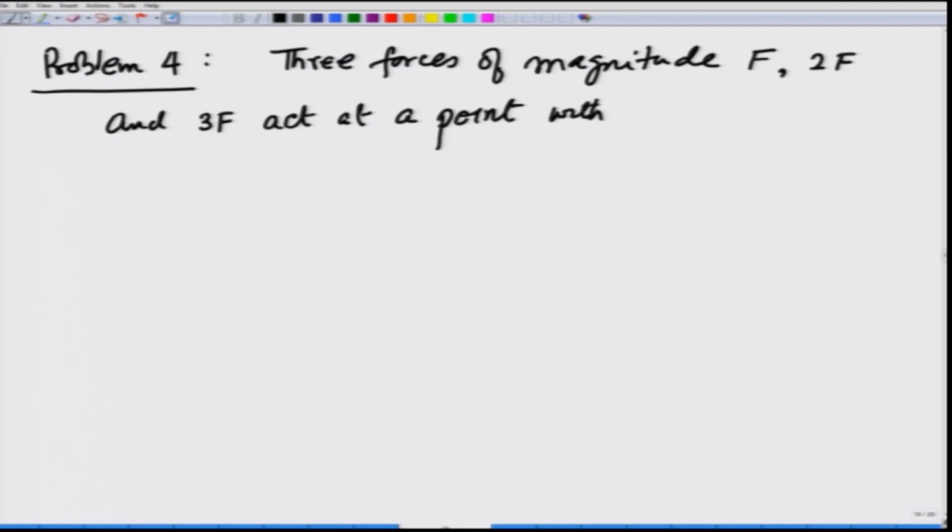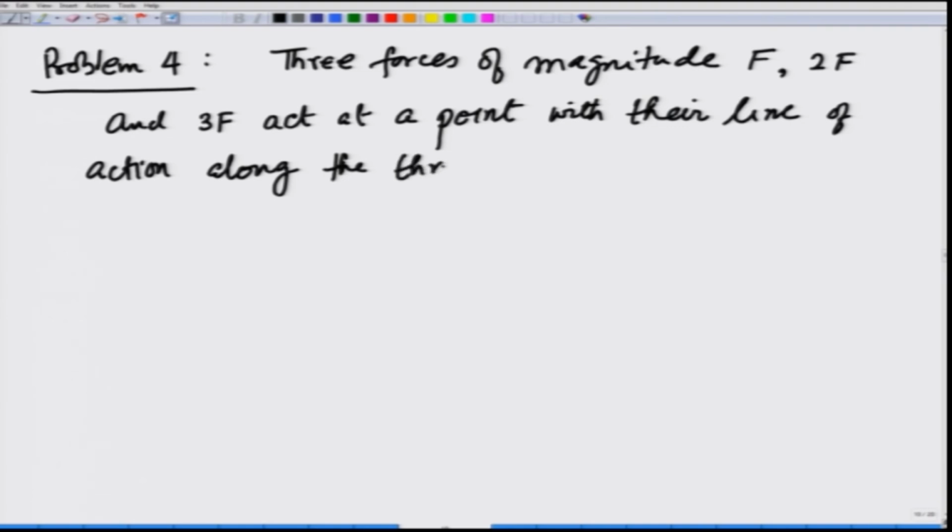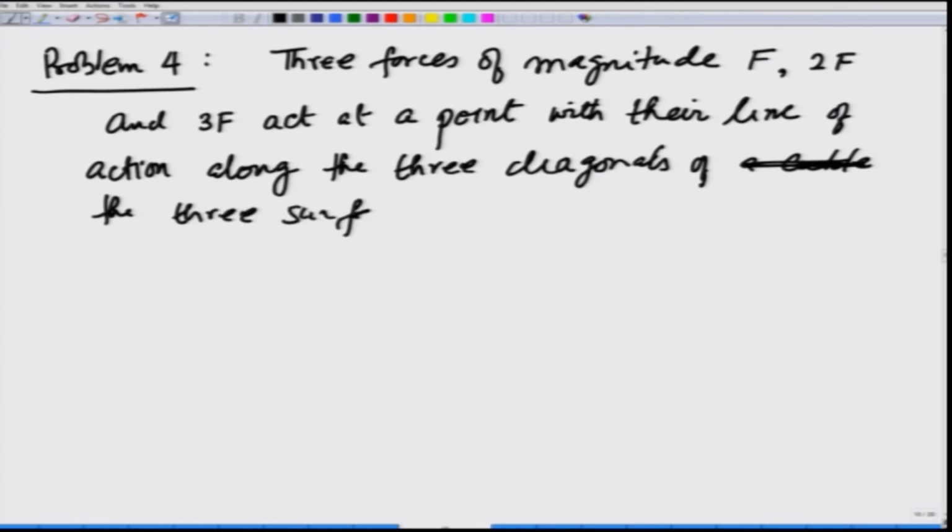with their line of action along the 3 diagonals of a cube, 3 diagonals of the 3 surfaces of a cube with corner at that point with a corner.